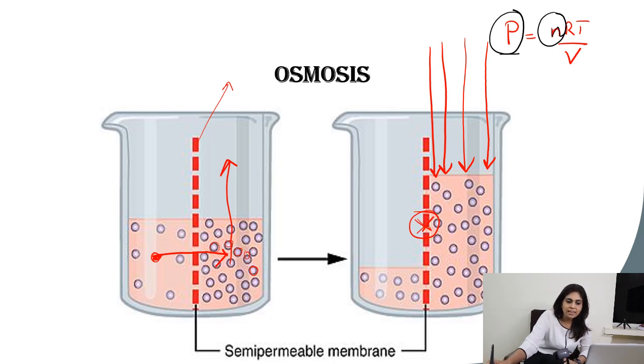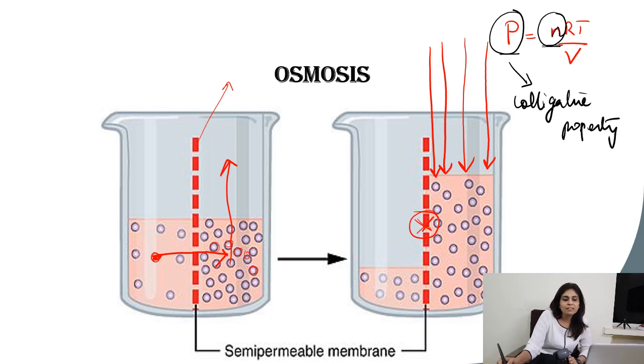Osmotic pressure is directly proportional to the number of osmotically active solutes present in the solution, and that is why osmotic pressure is called a colligative property. A colligative property is a property which is dependent on the number of particles rather than on the nature of particles. An example of a colligative property is osmotic pressure.